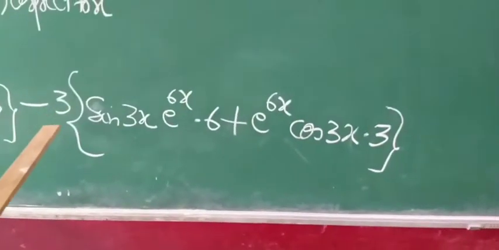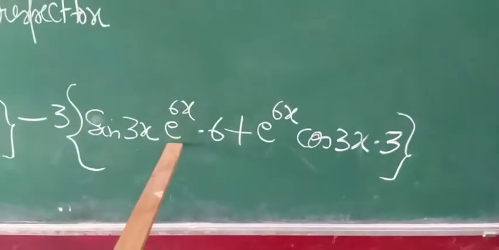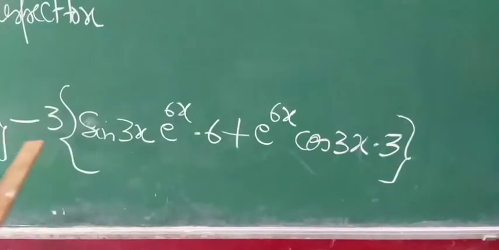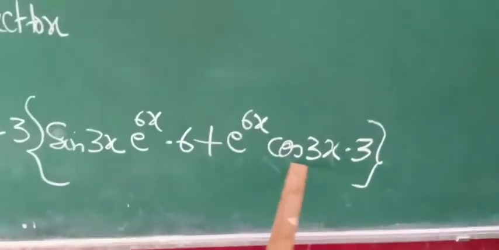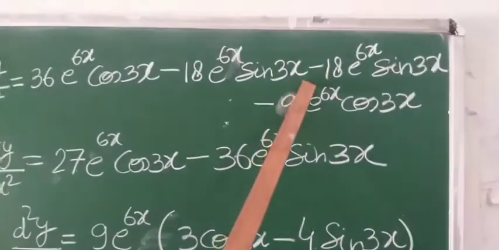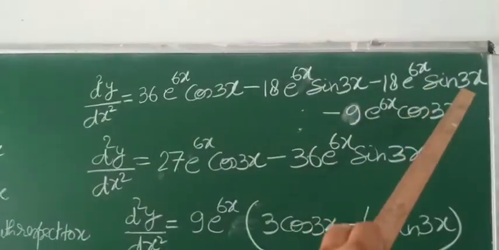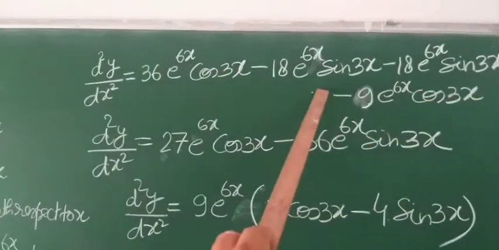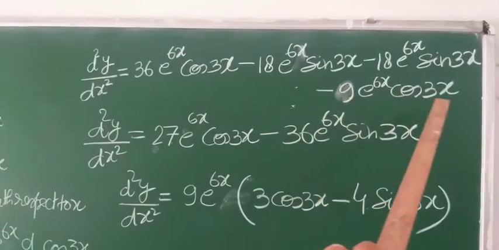And students, this is also minus 18 e to the power 6x sin 3x and minus 9 e to the power 6x cos 3x.